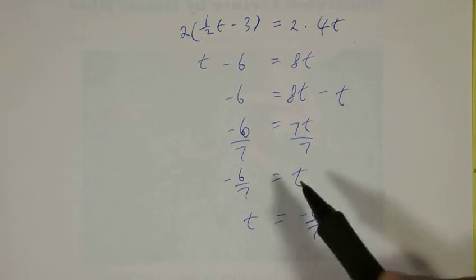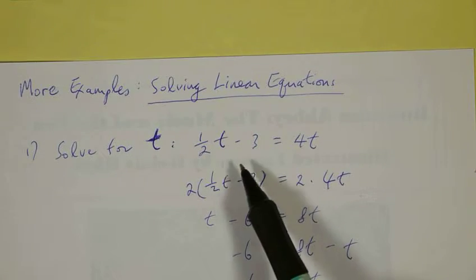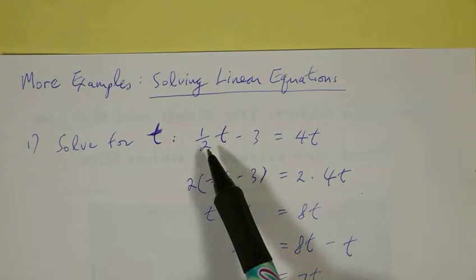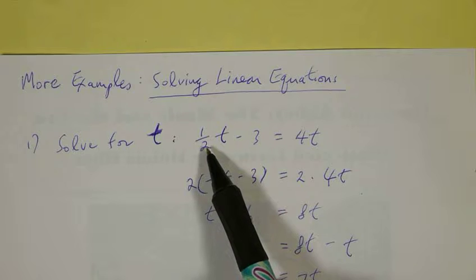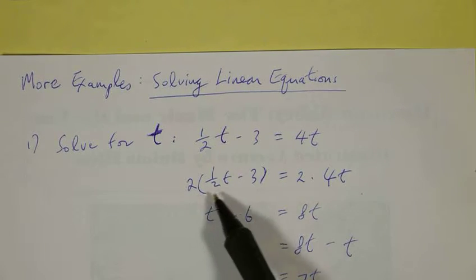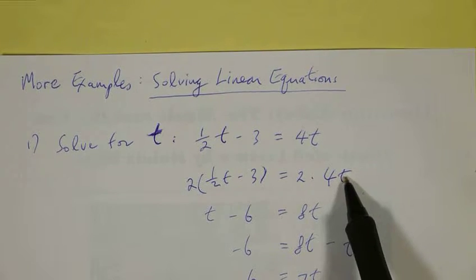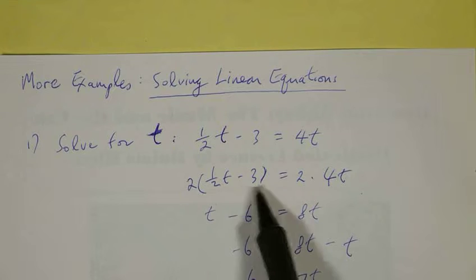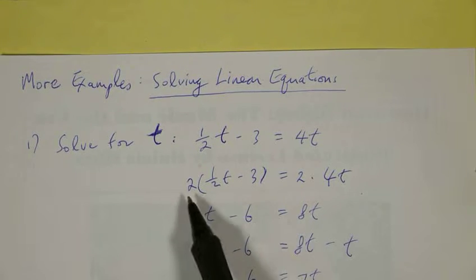So just to summarize, whenever you attack a problem like this, when you have fractional coefficients, you first clear the fractions. In this case, just 1/2. So you multiply both sides by 2. Then you have 2 on the left, 2 on the right, and then clear the fraction. Make sure you multiply the whole quantity by 2.